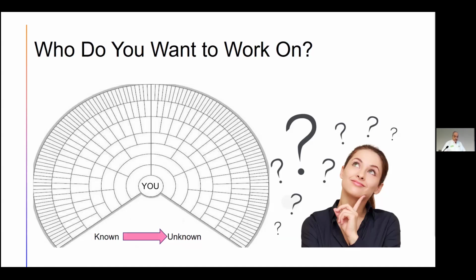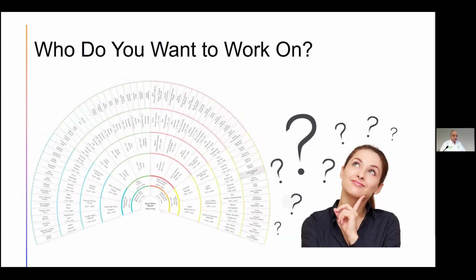Now, if this is my family tree after 60 years of work, and it's mostly complete, at least to 7 generations. So if you have a chart that looks like this, I can tell you in my personal opinion on this stuff, my job is not to find new people.